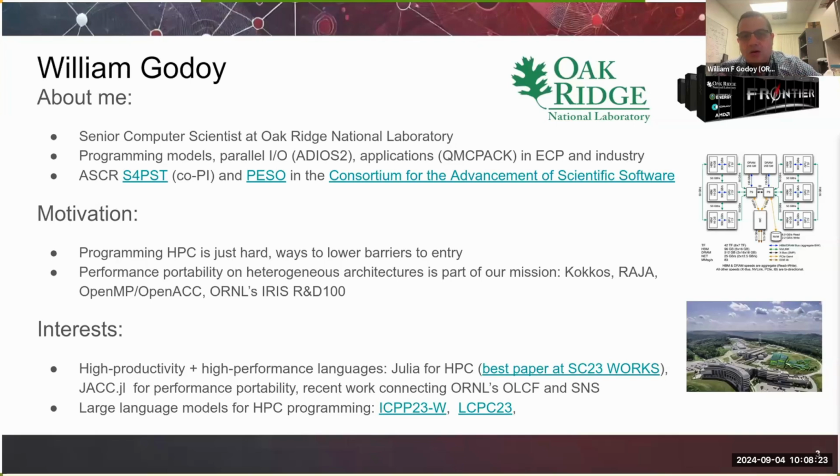I work on different types of projects, like parallel I/O and applications, and have also worked in industry, particularly at Intel. That was more than a decade ago. And currently, I'm involved in ASCR projects related to software stewardship, S4PST and PESO, in which SWAS is also part of the newly announced consortium for Advanced Scientific Software, so CASS.